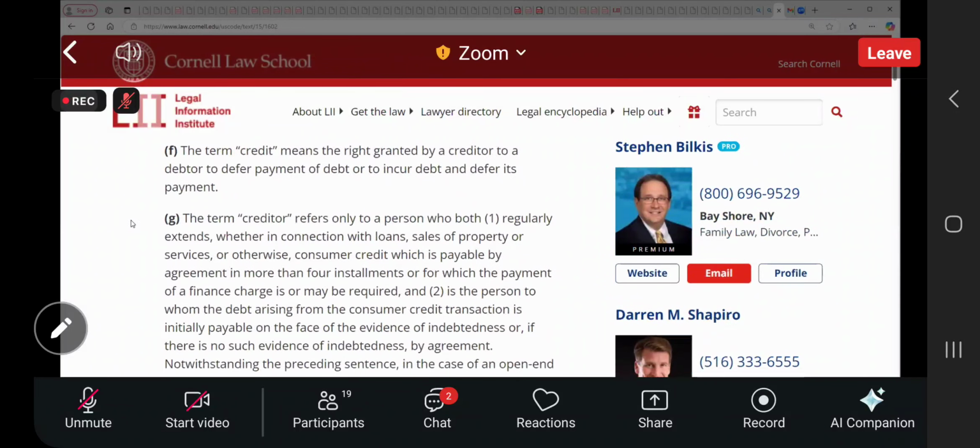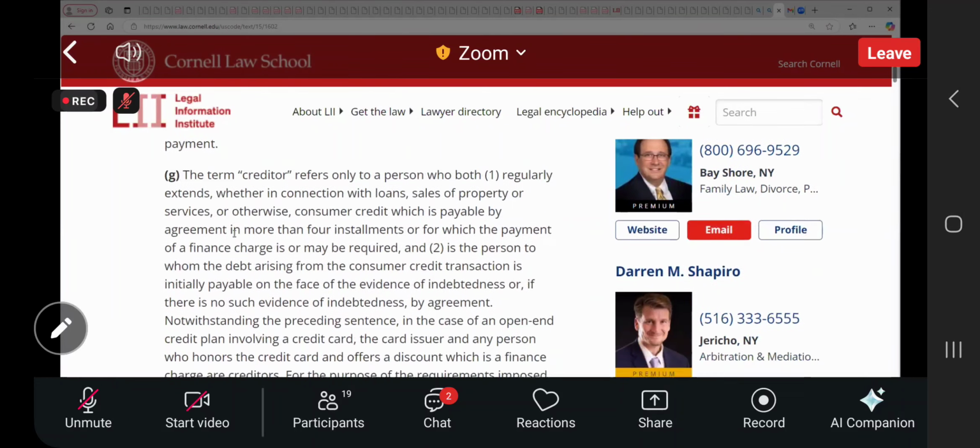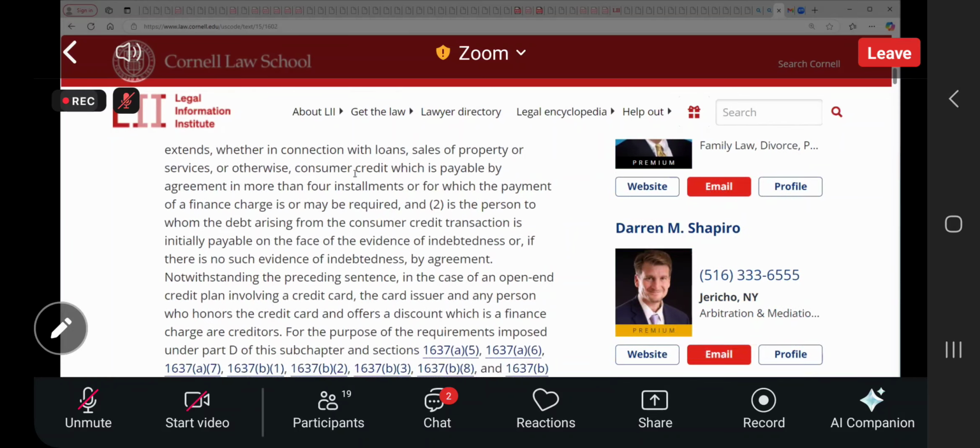Let's go here. G, the term creditor refers only to a person who both regularly extends consumer credit in connection with loans, your mortgage, sales of property or services, bills, or otherwise, which is payable by agreement in more than 4 installments.